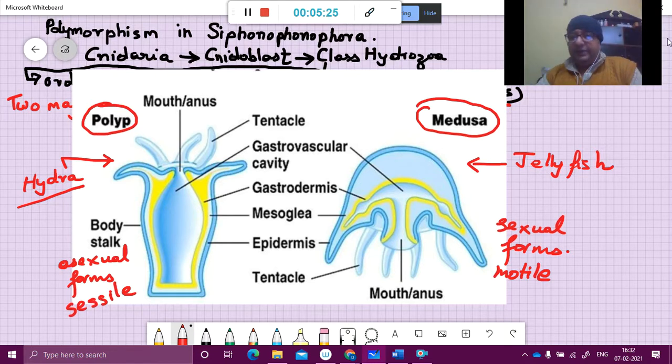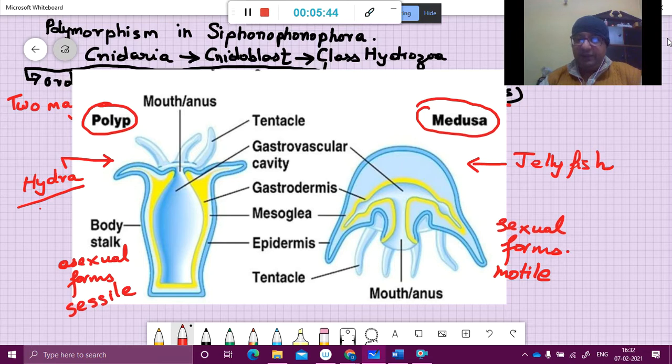But in hydra, although it looks like a polyp, they can move about. So this is a polyp and a medusa. This is the basic two forms of a cnidaria.